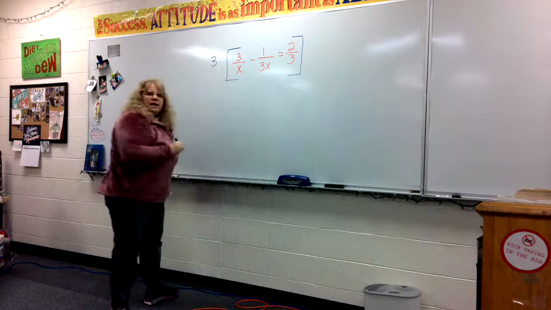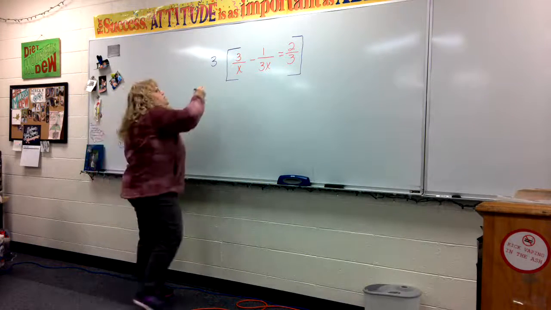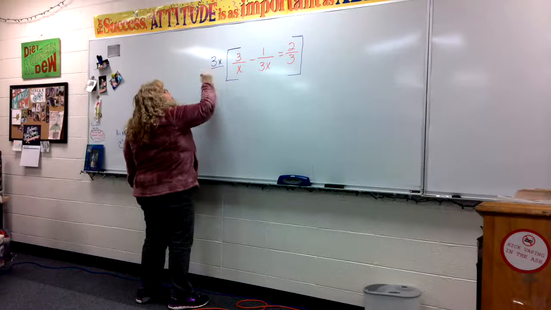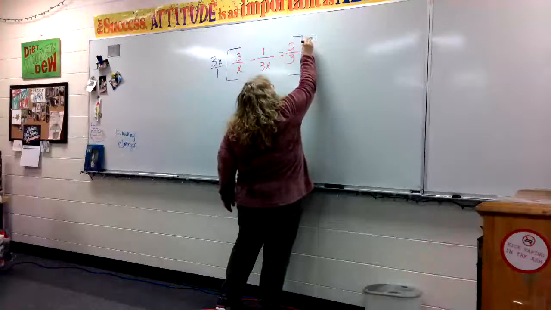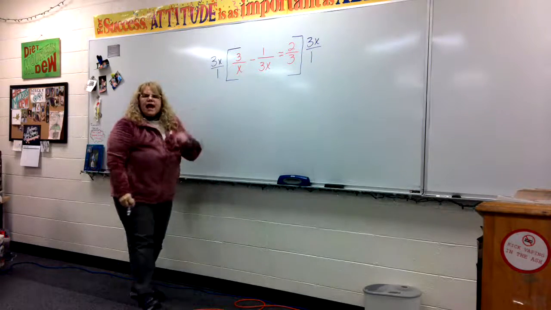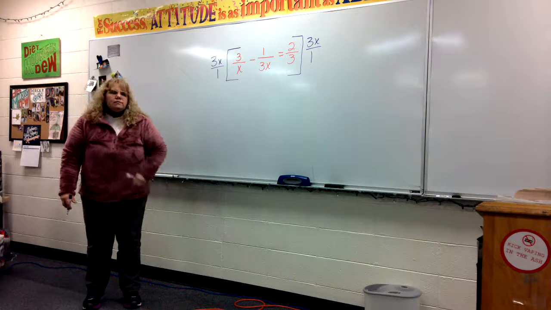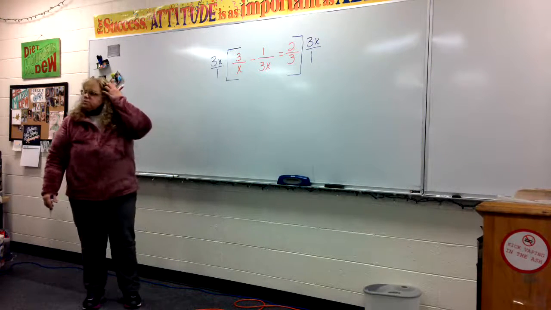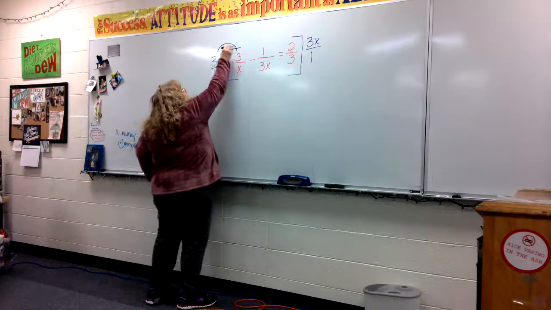How many will I need in my common denominator? 1x. Just one, right? So your common denominator now is going to be 3x over 1. So we are going to multiply both sides by 3x over 1. Just like we did the other day, except we multiplied just by a number. That's okay. What do you get here?